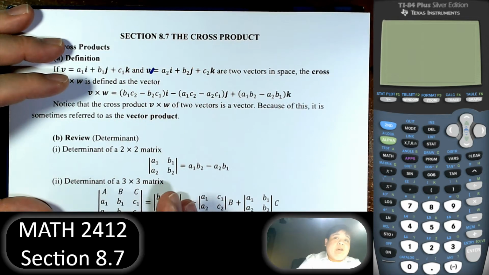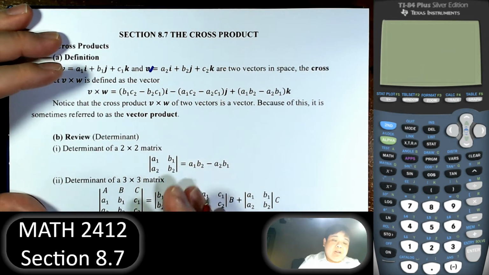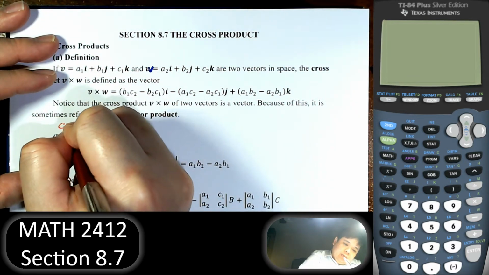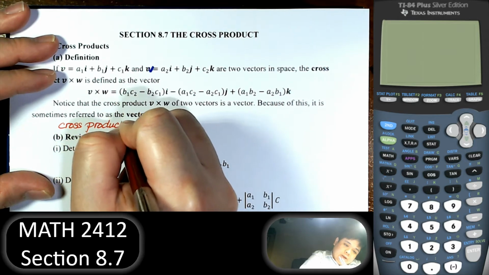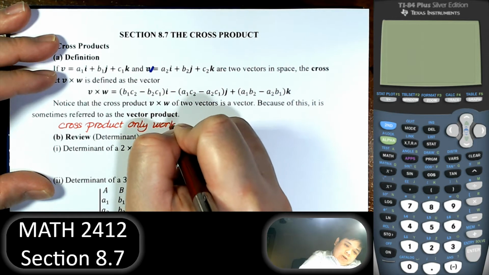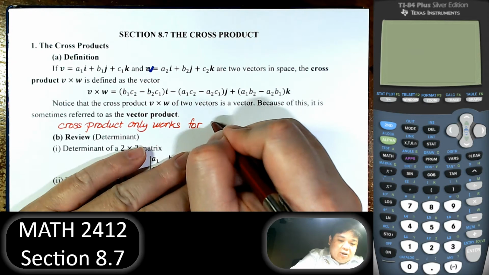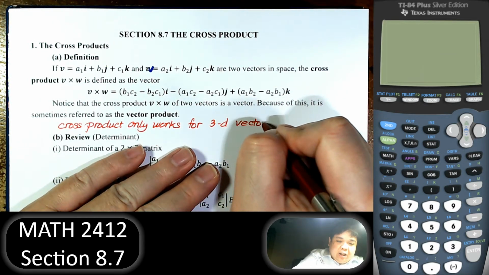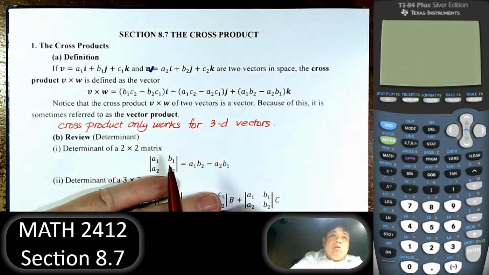The cross product, the way we define this, only works for 3-dimensional vectors, or just say 3D vectors, and the product of that is also a 3-dimensional vector.